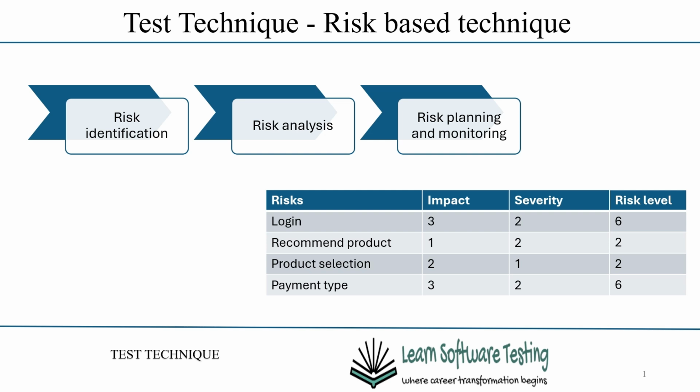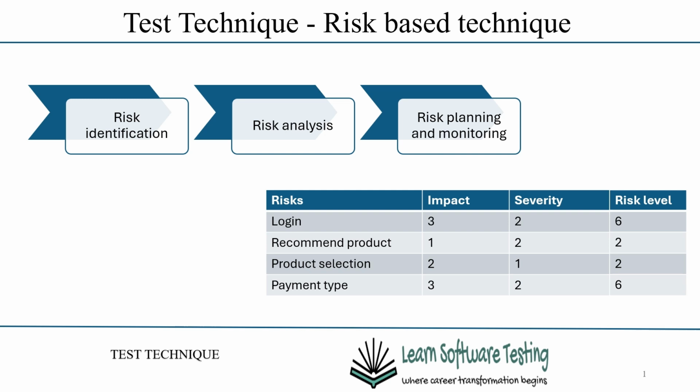So what's the likelihood of a software failure, or of this feature failing in production? That's what the severity stands for. And the risk level is basically a multiplication of the impact and severity for each risk.